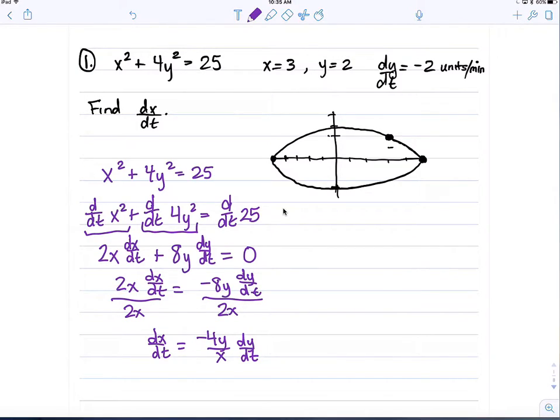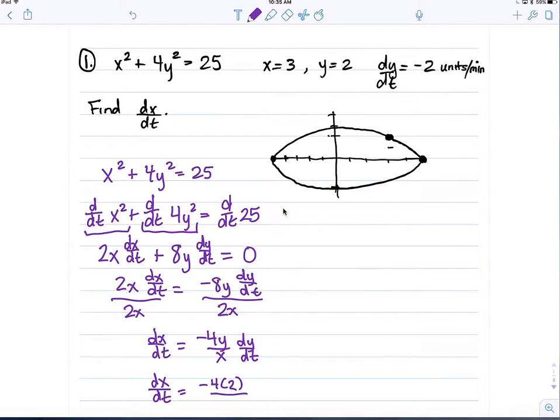Okay, so that's the equation that represents that. What about other given information? What else do we know? We know the value of dy/dt. We also know the values of x and y. So at this point, we're going to substitute in all of our given values. So we have negative 4. What is y? Let me change this to a different color. 2.